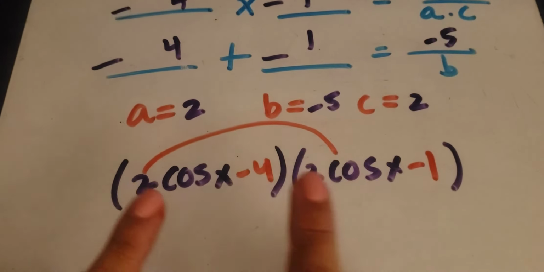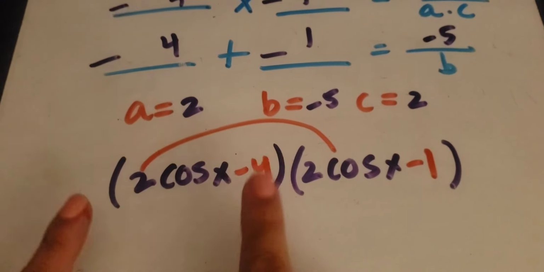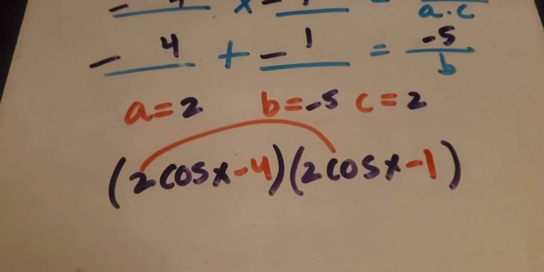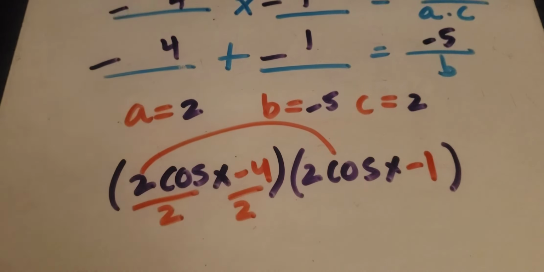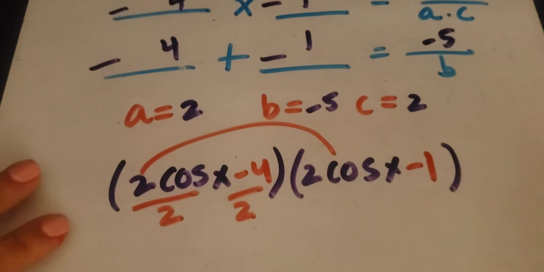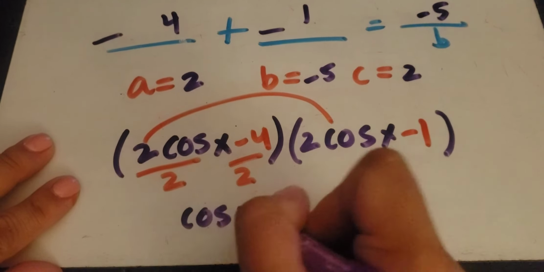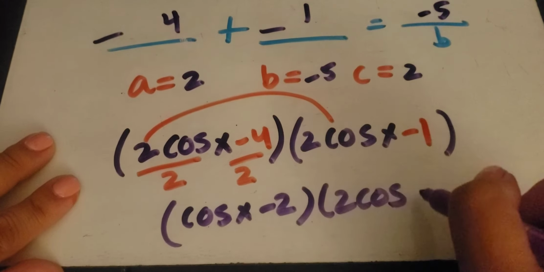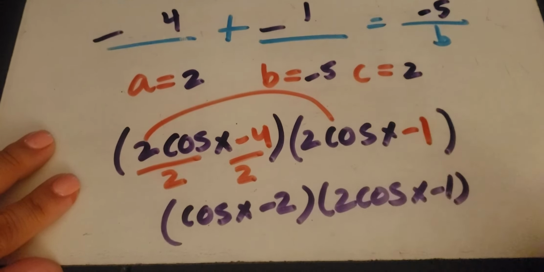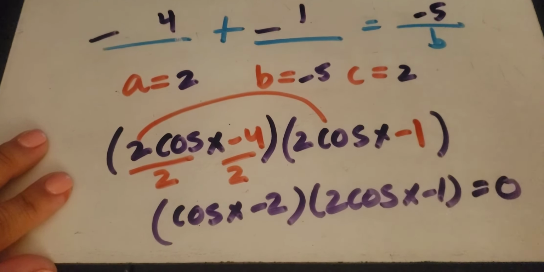And if I had to choose between the first or the second, I would get rid of the first one, because when I divide by 2 on both sides, I don't end up with fractions. I end up with whole numbers. So my factors are cosine of x minus 2 and 2 cosine of x minus 1. And of course, equals 0.